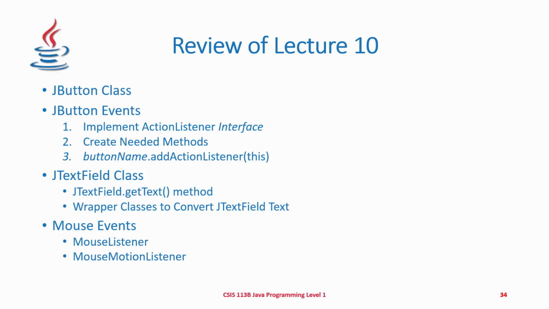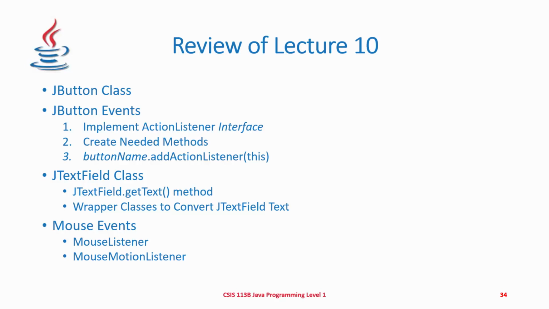And then if we need to do further manipulation, especially in the case of numbers, we'll have wrapper classes that can convert that JTextField text for us into numeric values. And then we also looked at mouse events, two types: the MouseListener, which deals mostly with the clicks.